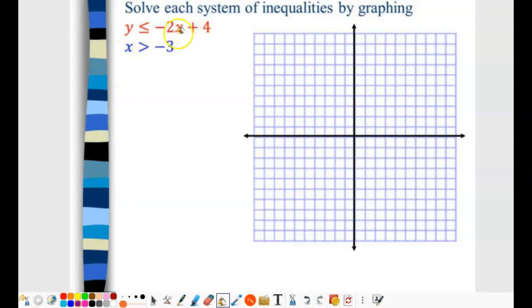So what's nice about this example is that the first equation is already in slope-intercept form. So I'm going to plot my y-intercept. I'm going to apply my slope. My line this time is solid.